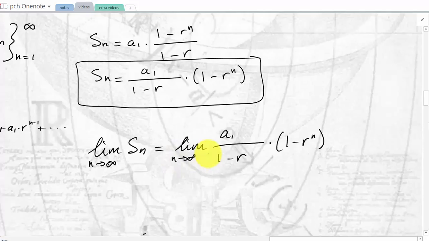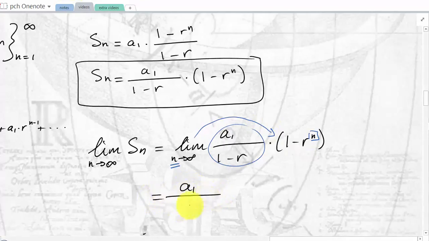Where is the index for the limit? It's not here, it's here. So if this is a constant, I can just move my limit inside, and this is the same as a1 over 1 minus r times the limit of 1 minus r to the n.